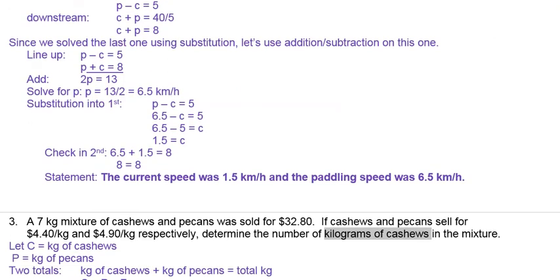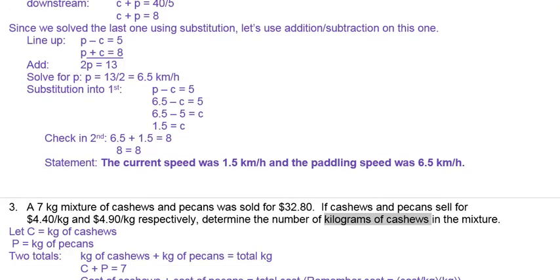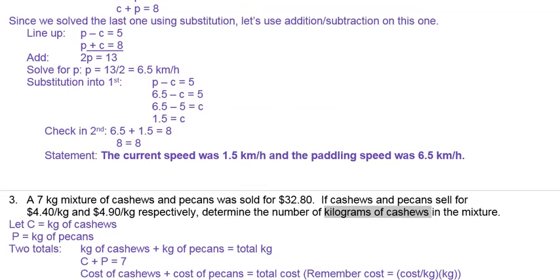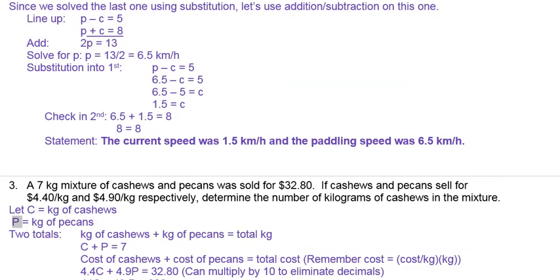So our one total, add up those kilograms to get our cashews plus pecans. But we can also add up the cost. So remember, cost, we're going to have to take the price per kilogram times our kilograms, which we don't know, but we've got a variable for it. So we end up with 4.4 times C plus 4.9 times P for the cost of the cashews and the cost of the pecans respectively, or pecans if you prefer.